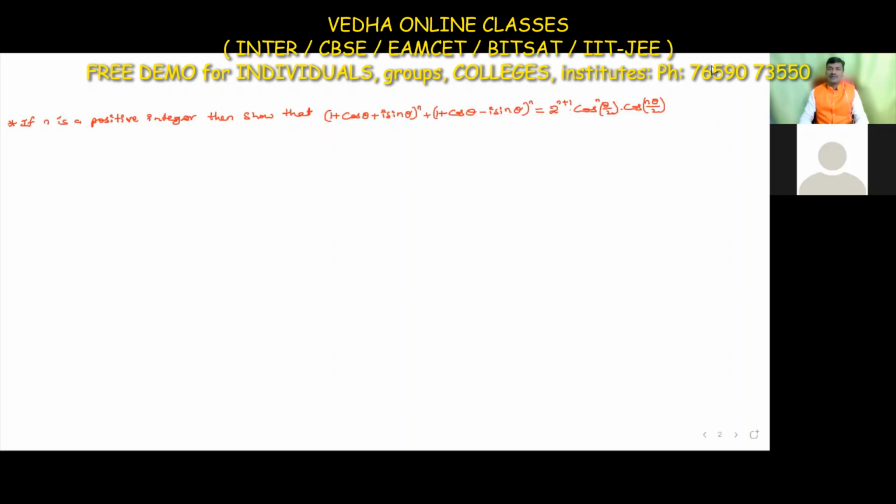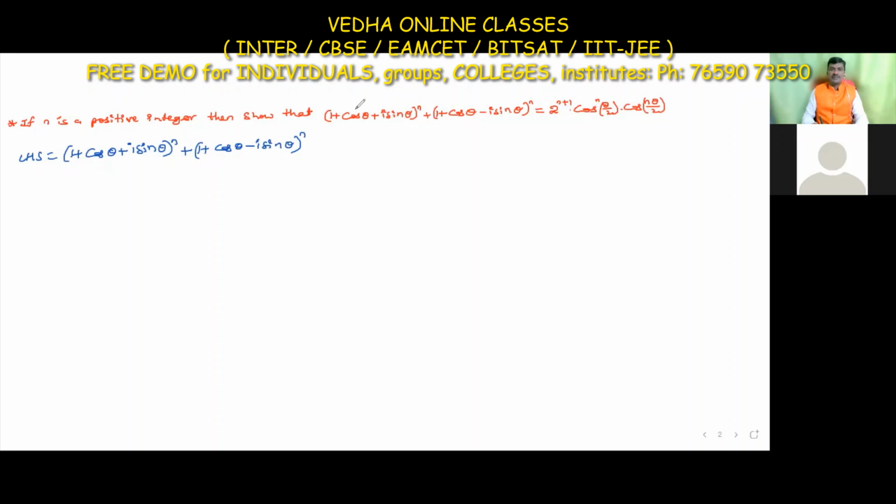Okay, so now here we are going to take the LHS first. What is the LHS? (1 plus cos theta plus i sin theta) whole to the power n plus (1 plus cos theta minus i sin theta) whole power n.